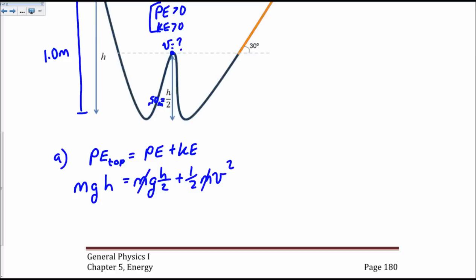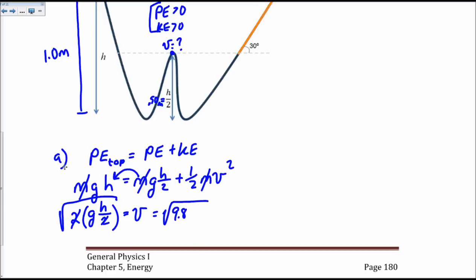My m's cancel. I want to solve for v, so I'm going to take this over here. I get gh minus gh over 2, which is going to be gh over 2. I'm going to double this and square root it to get my answer for v. Those 2's cancel. So it's just going to be the square root of gh, the square root of 9.8 times 1, and the square root of 9.8 is 3.1 meters per second.